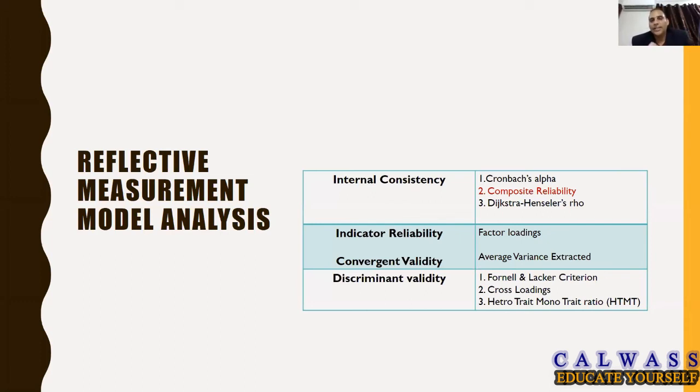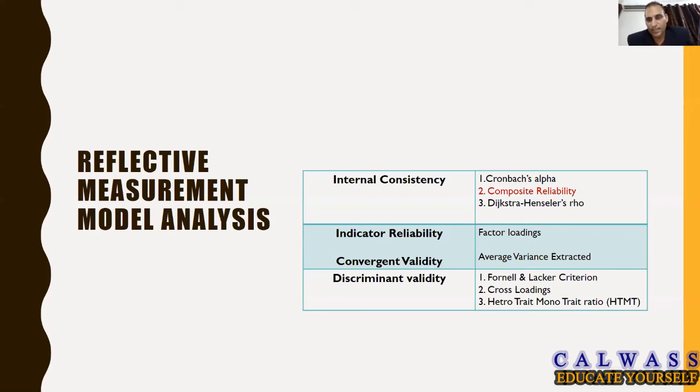Cronbach's alpha is very famous, but it has been criticized as well. You can see literature where alpha has been criticized. So nowadays what is recommended is that we should use CR, composite reliability, to measure internal consistency, right?